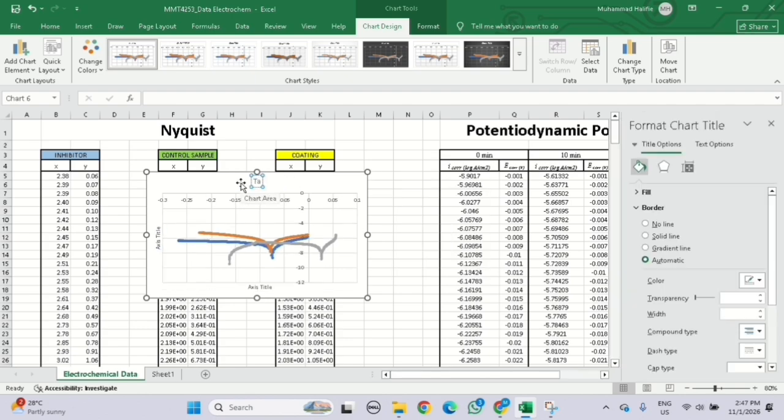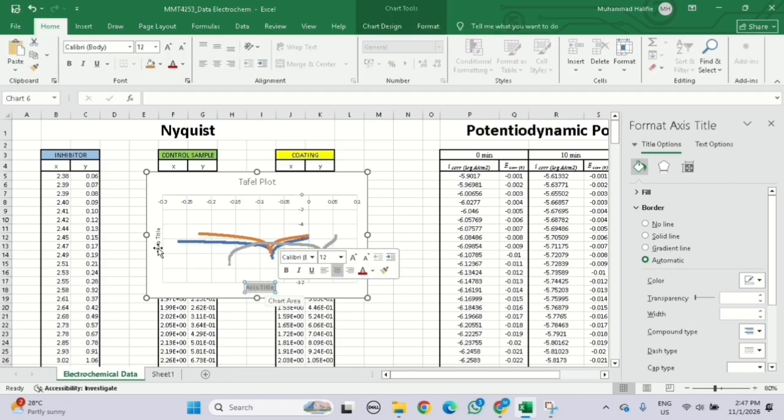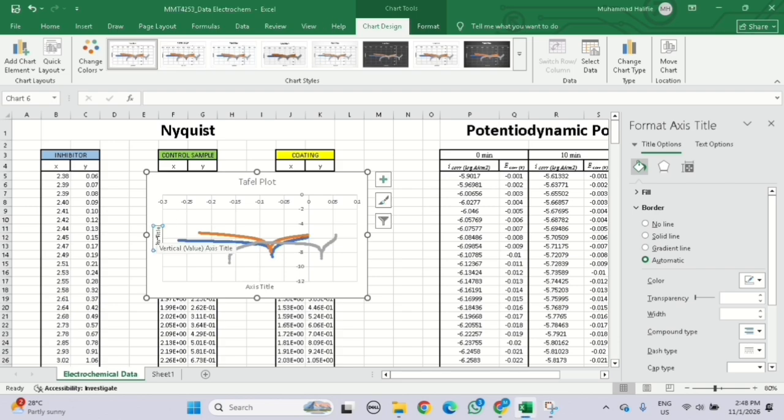So I rename this graph into the Tafel plot. So for the y-axis I rename into the log i corr and mA, and then for the x-axis I rename into electrode potential vs. E corr.